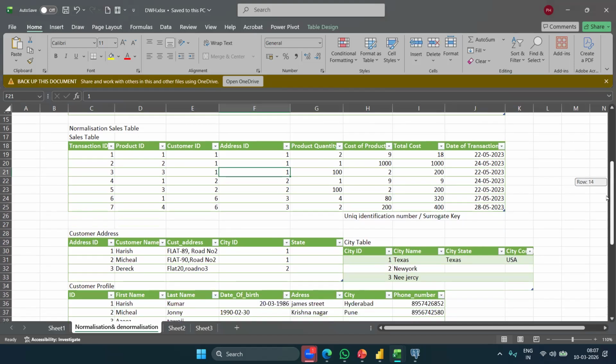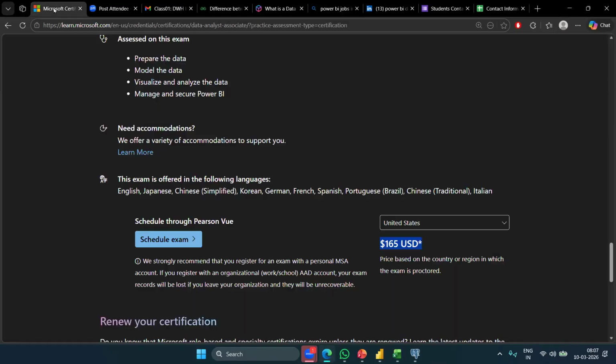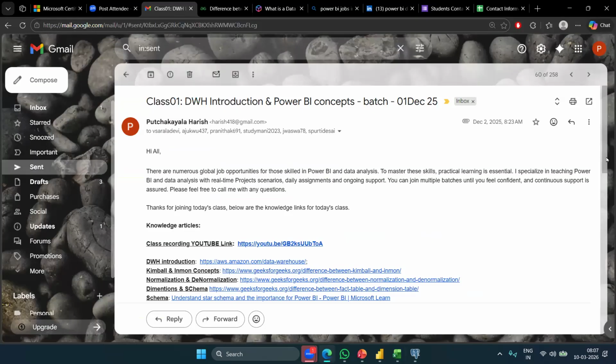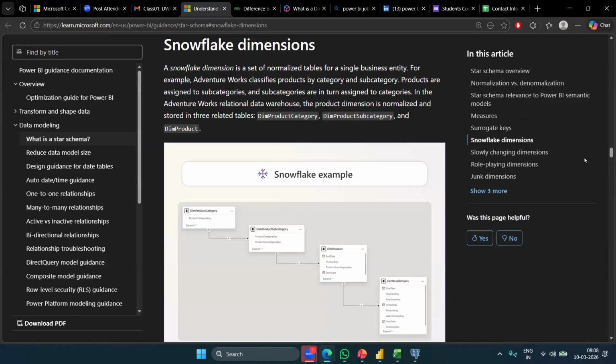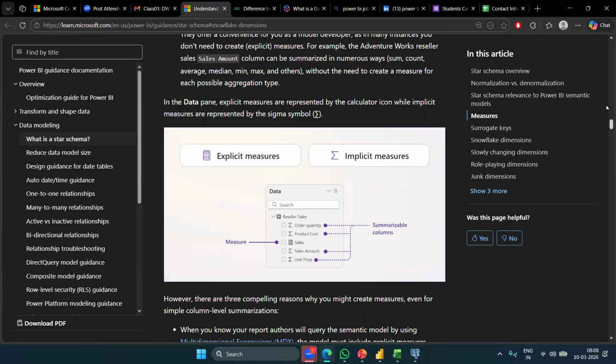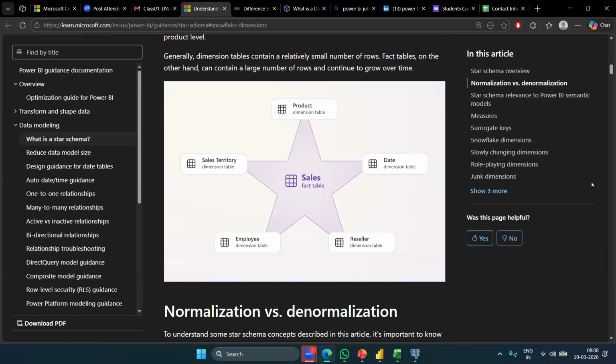Now, if I want to show you this in a pictorial representation, we have that in our Power BI article. Let me get that one. So this article is again a Power BI article. Here it is.